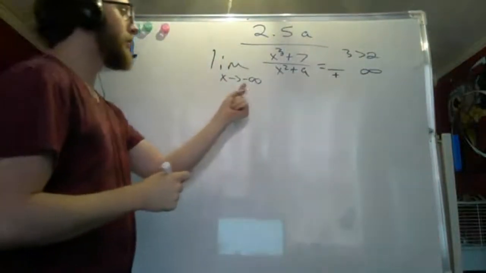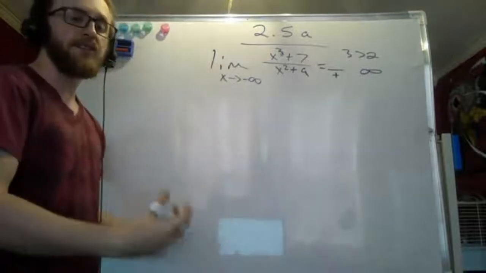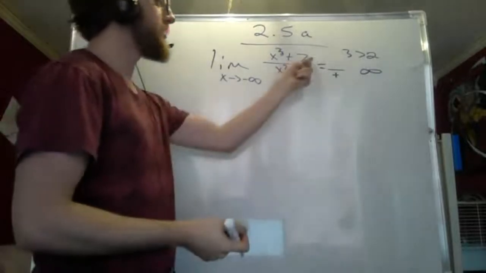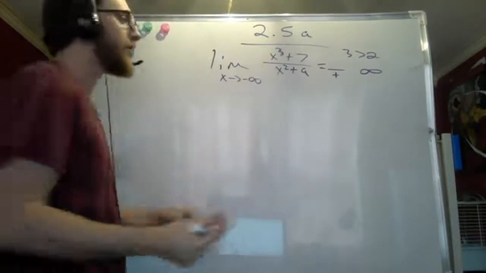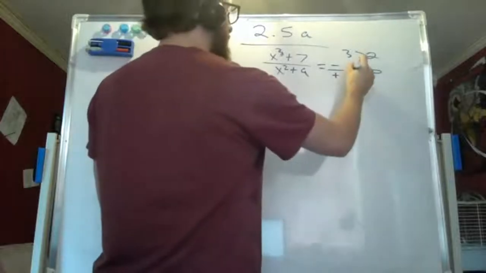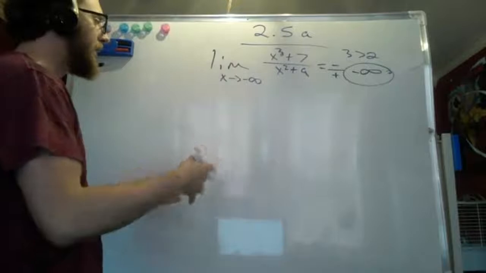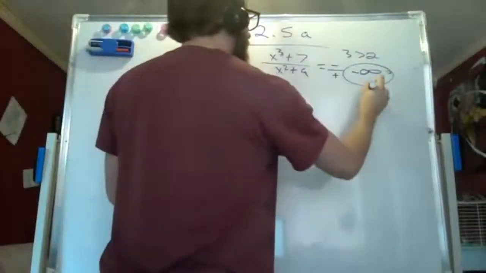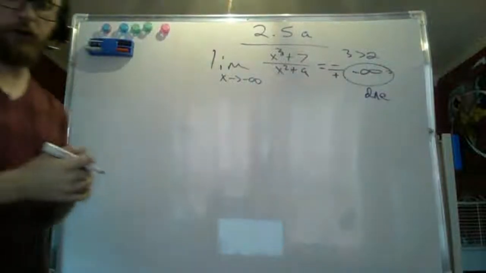But in the numerator, we have a negative cubed. A negative cubed is still going to be negative. Plus 7, well, the plus 7 doesn't matter because this x cubed is going to get so big. So we have a negative divided by positive. In other words, our answer is negative infinity. And there you have it. Or in other words, you would say it does not exist. And we're good to go.